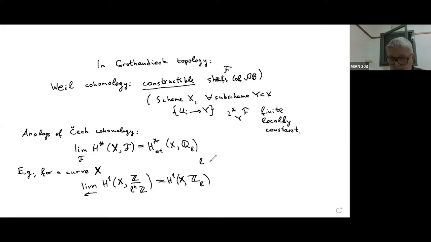L is just a prime, different from the characteristic of the base field. Q is the power of some other prime.